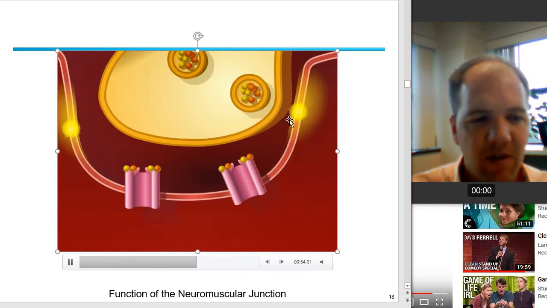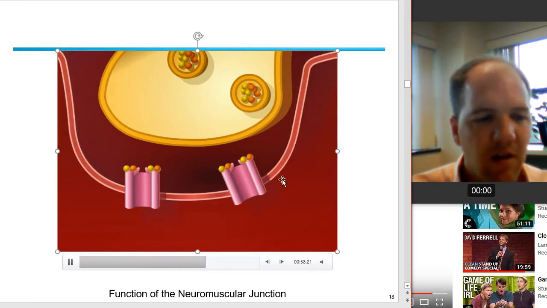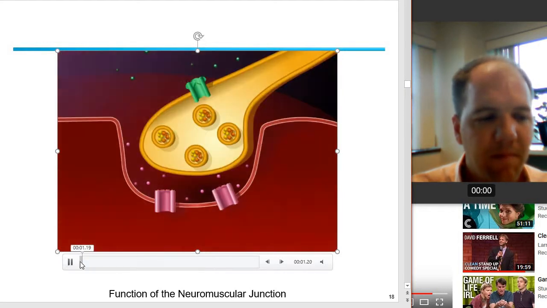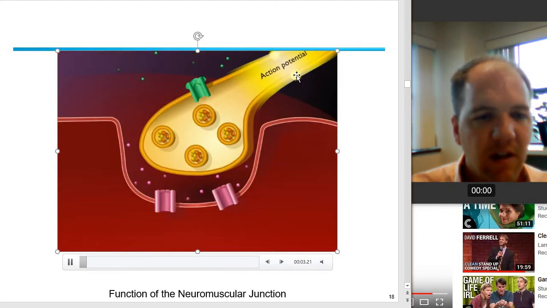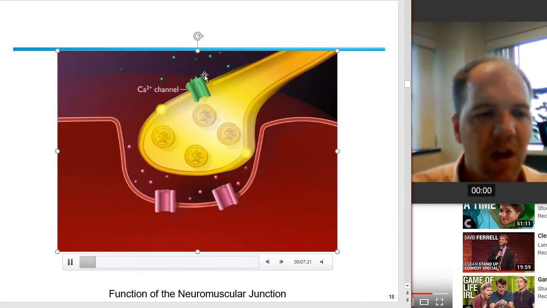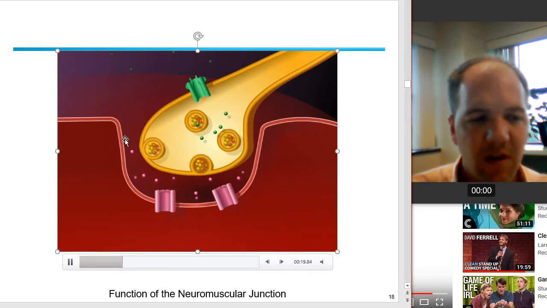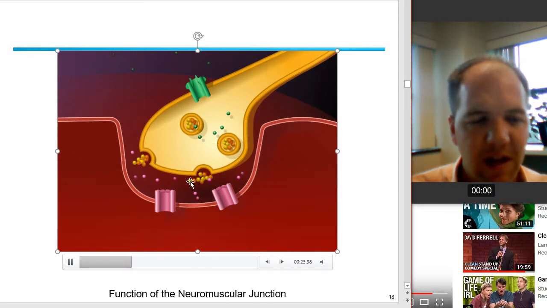So that's what happens here. So now we're sending a signal down the muscle that says, okay, now we need to contract. So let's go over that one more time. The signal comes down the axon, to the end of the axon, to the axon terminal, which causes a protein channel to open, which allows calcium to flow into the axon, and that stimulates these synaptic vesicles to move to the edge of the axon and release the acetylcholine out into the synaptic cleft.